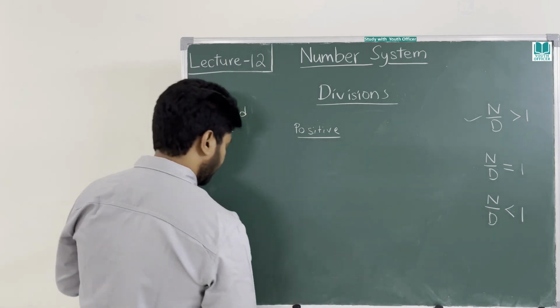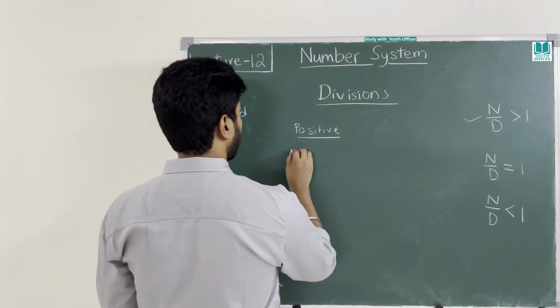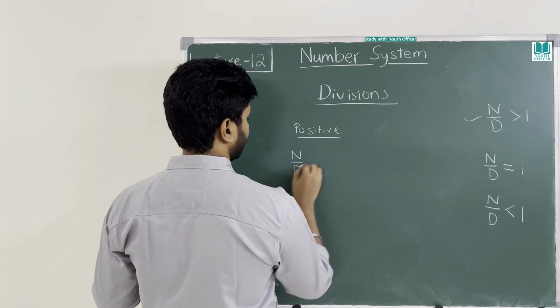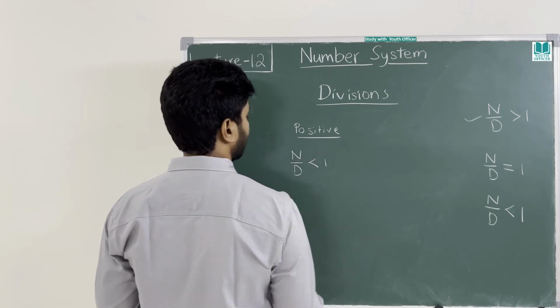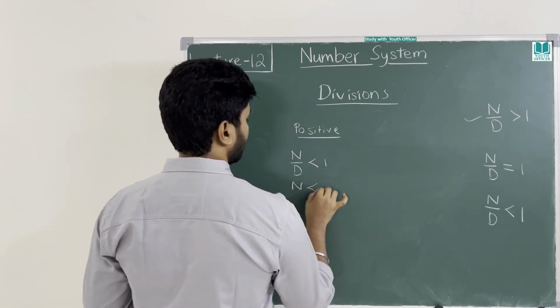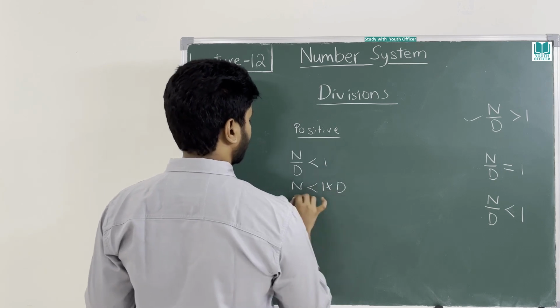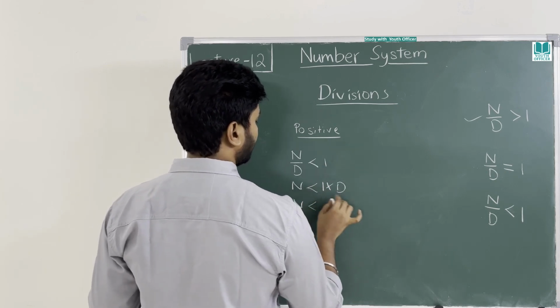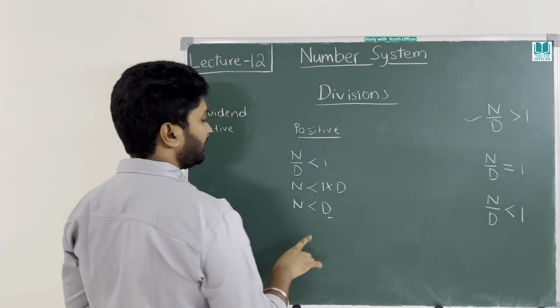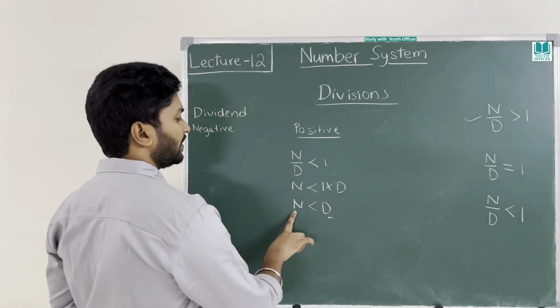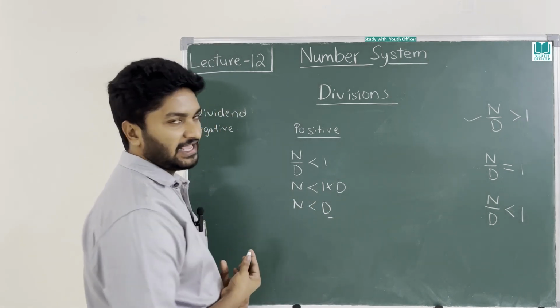Now we will see the case of numerator less than denominator. Numerator by denominator should be less than 1. Similarly, 1 into d is d. That means the numerator should be less than d, so the denominator should be greater than the numerator, or the numerator should be less than the denominator. Any case is okay.